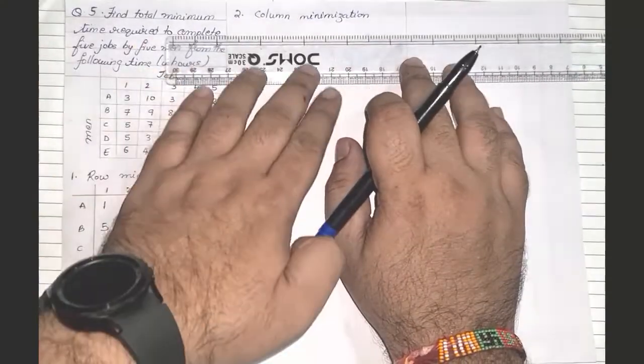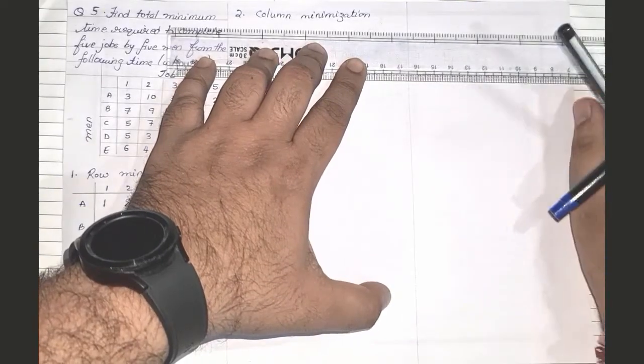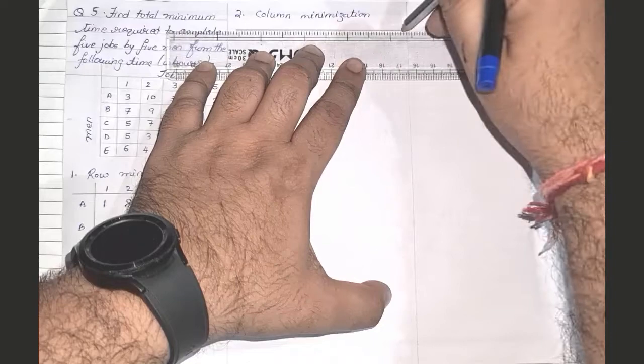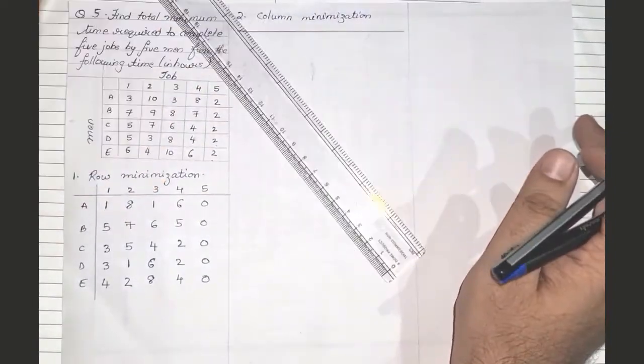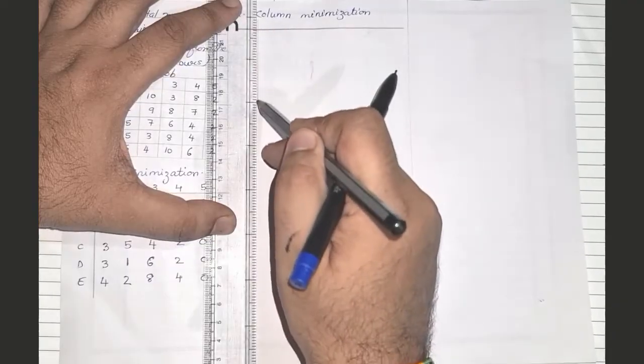Again, in order to find column minimization, we'll have to create the structure which has all the rows and columns. Again we'll have the number of jobs and another column for the number of men.